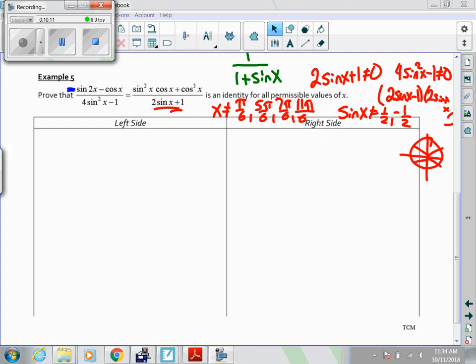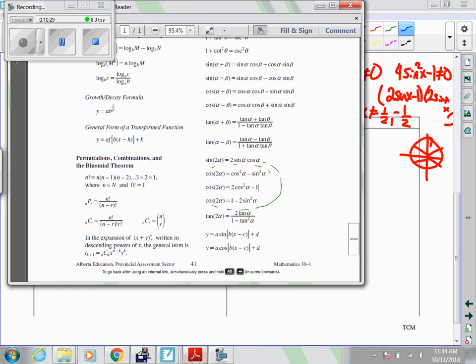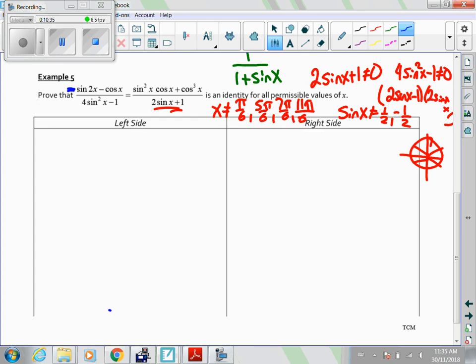All right, so now that we've dealt with our NPVs, we're going to go to solving this thing. Again, typically when I see a sine 2x or a cos 2x, I'm going to try and work with that side first. That's just my habit, certainly not the way that we have to do things, but I'm going to start with this side. So I'm going to turn this into my double angle identity, which is 2 sine cos.